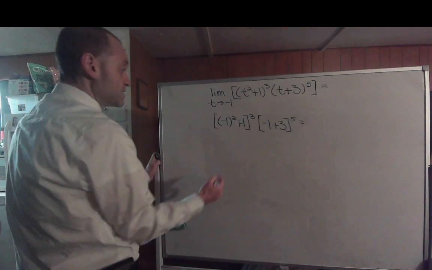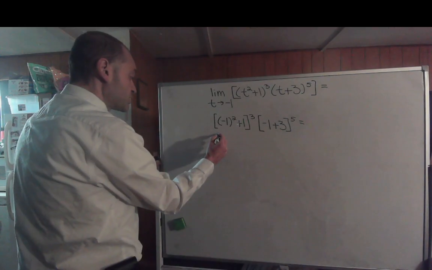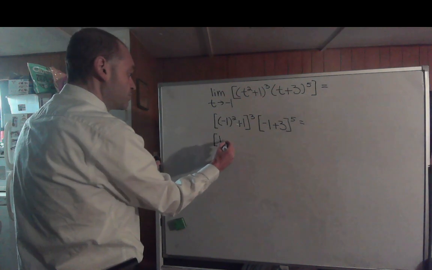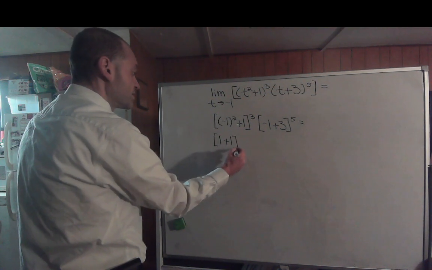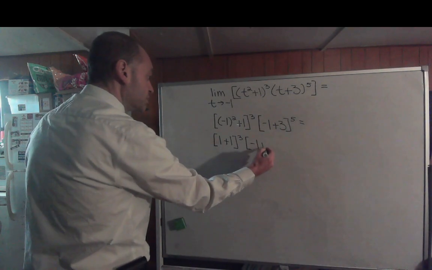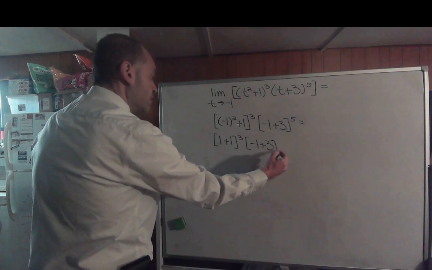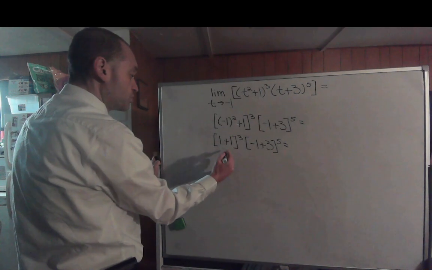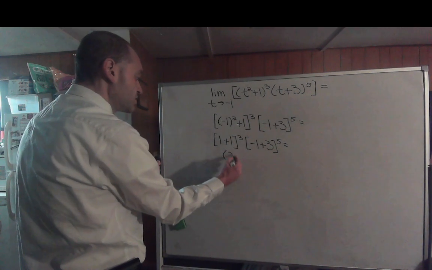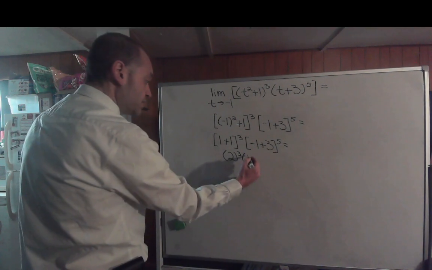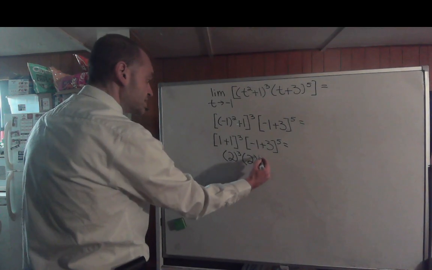Well, okay, so this is going to turn into negative 1 squared. Well, that would be positive 1 plus 1 raised to the third power times negative 1 plus 3 raised to the fifth power. Alright, well, 1 plus 1 is 2. This turns into 2 to the third power. Then negative 1 plus 3 turns into 2 raised to the fifth power.